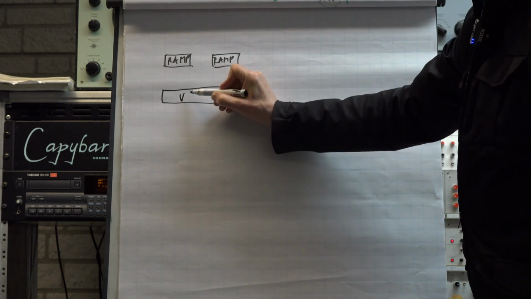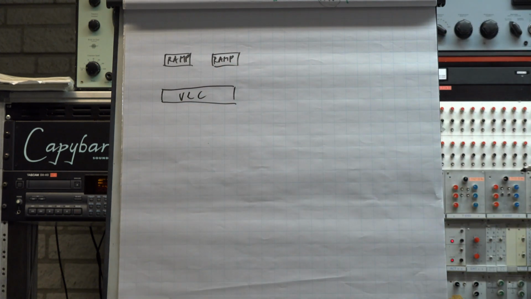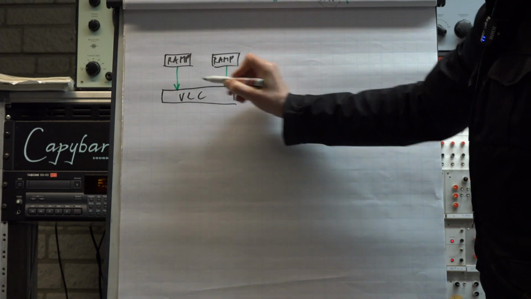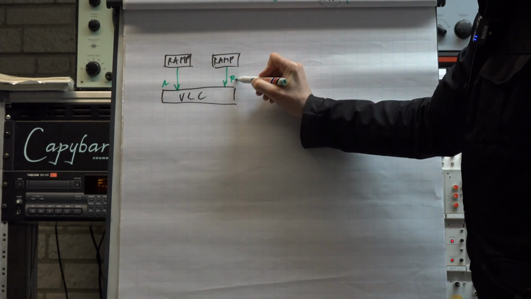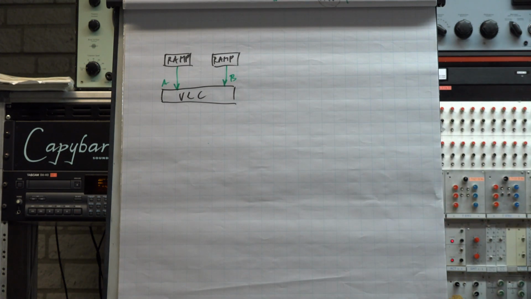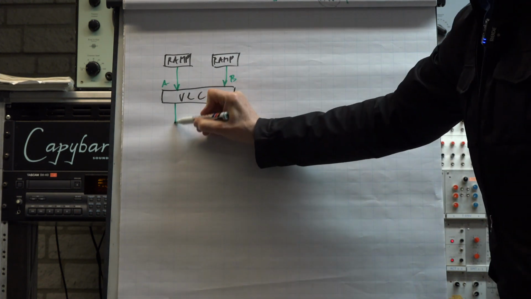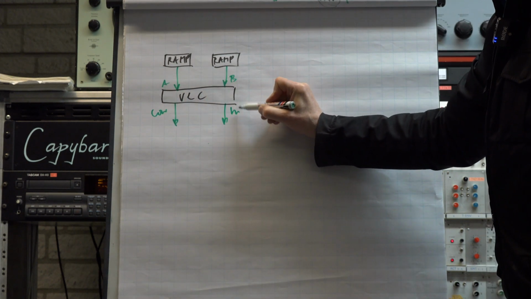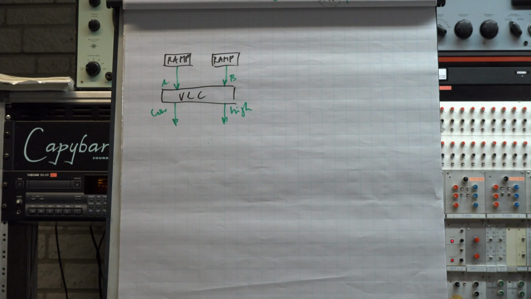And that's an easy thing to solve by sending these two signals to a device in the studio which is called a voltage level comparator. The voltage level comparator has an A and a B input and a low and a high output.